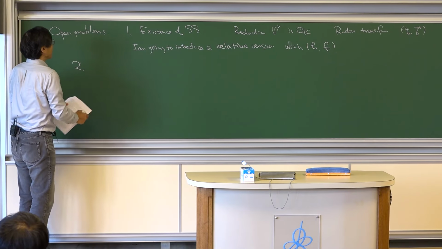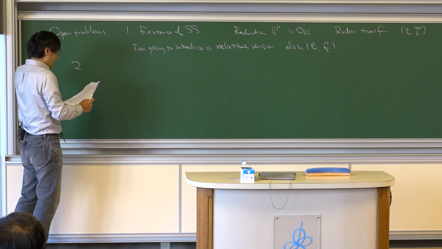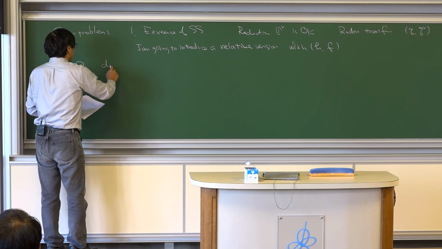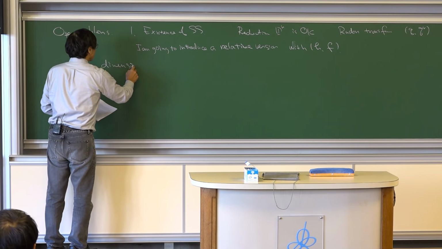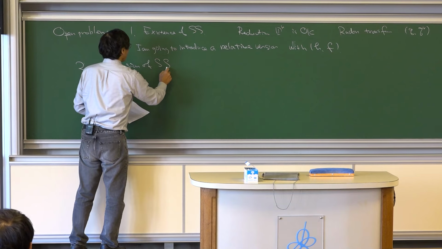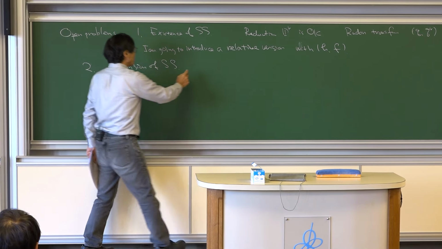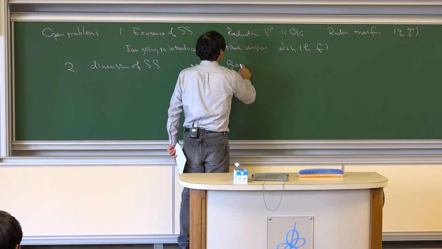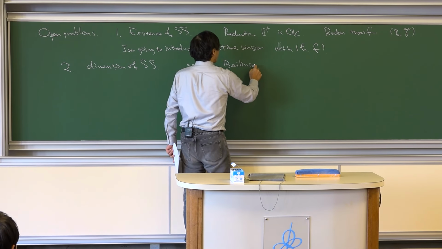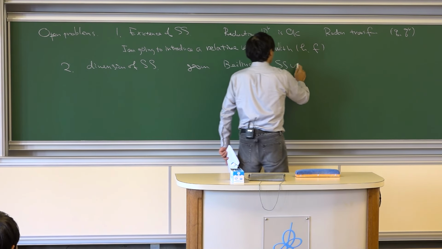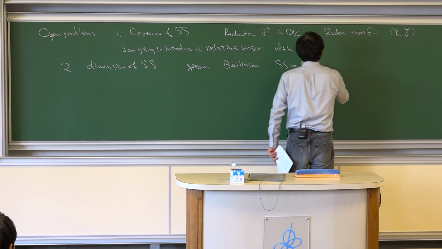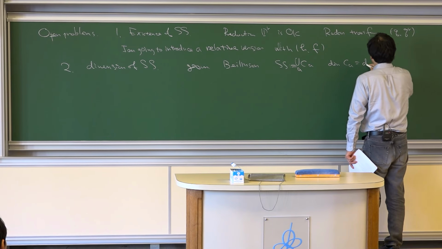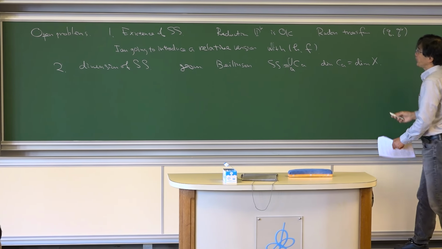And next one. Suppose we have the existence. Then the next question will be the dimension. So in the geometric case, Beilinson proves that every irreducible component has the same dimension as the variety itself.